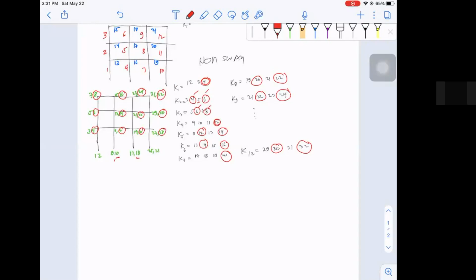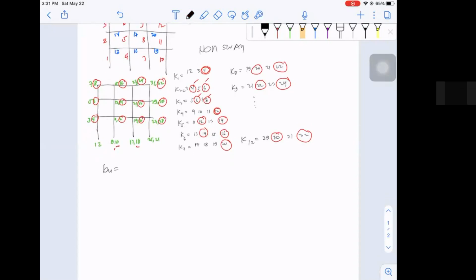Now for the BU matrix, remember BU is the location, no? So for example here, member 1, what is the location of the element that we will need? As you see, K1, the encircled one is 4. So we need the fourth element of K1. For K2, we will need the second and fourth.